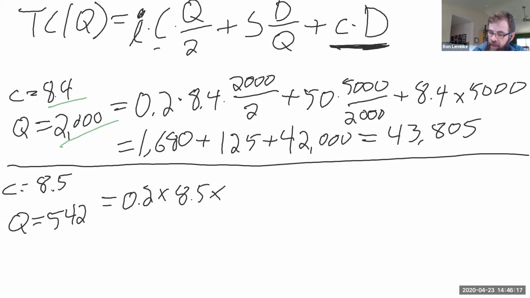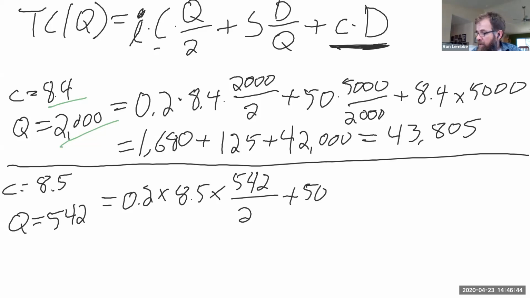And then the order size is 542. Then we have a cost of placing an order of $50, multiplied by annual demand of 5,000 and divided by the order size, 542.